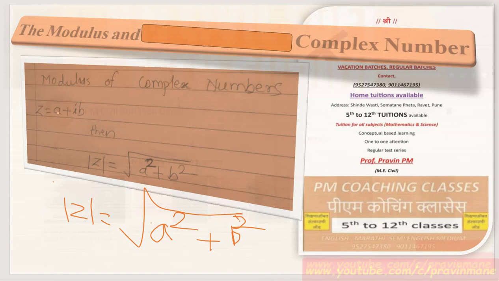That is the real part squared plus the imaginary part's coefficient squared. Here b is the coefficient of iota. That squared, and the square root of this, so you will get the modulus.